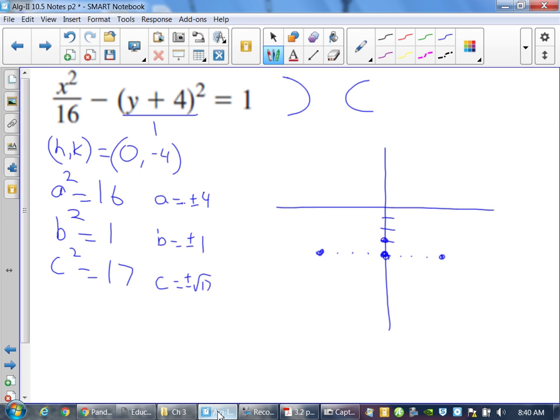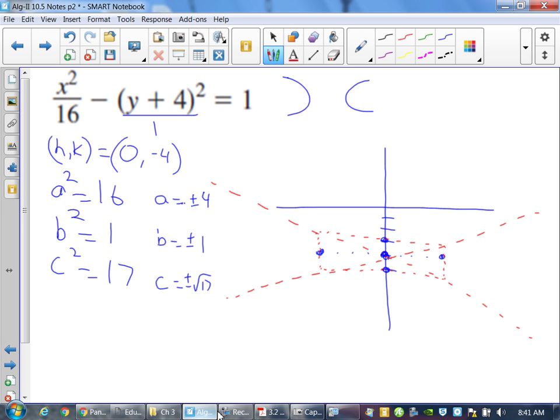Up and down 1, and make our rectangle. Draw your asymptotes. That's kind of a squiggly asymptote, but you get the idea.